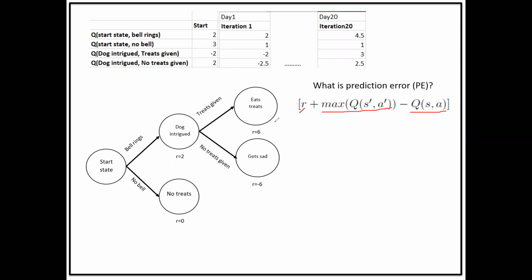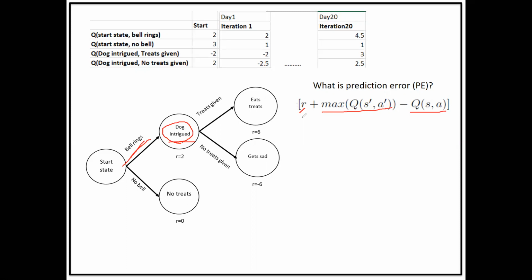If you look carefully, a bell rings and the dog is intrigued; that is its state. So how do you update the Q value of the start state and bell ringing state action pair? The state action pair is start state and bell rings, so you reach here.